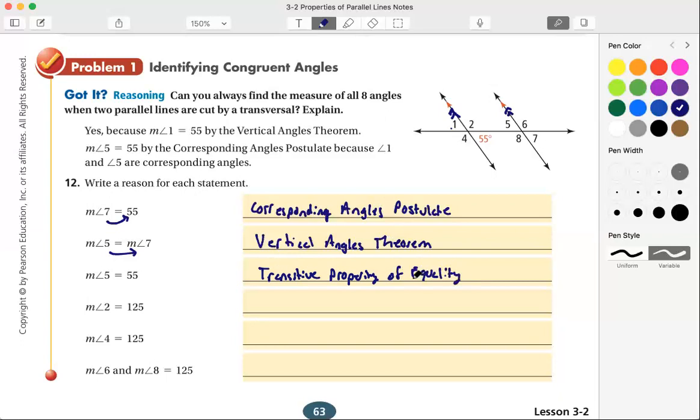Now, how can I state angle 2 is 125 degrees? Angle 2 and 5 are same side interior angles, so they're supplementary.